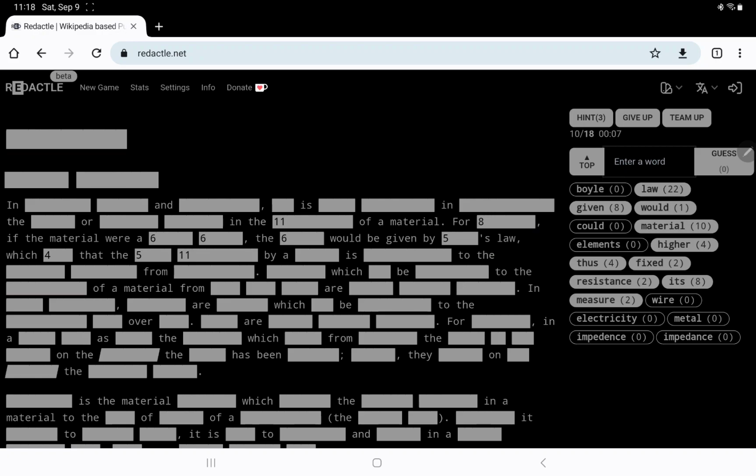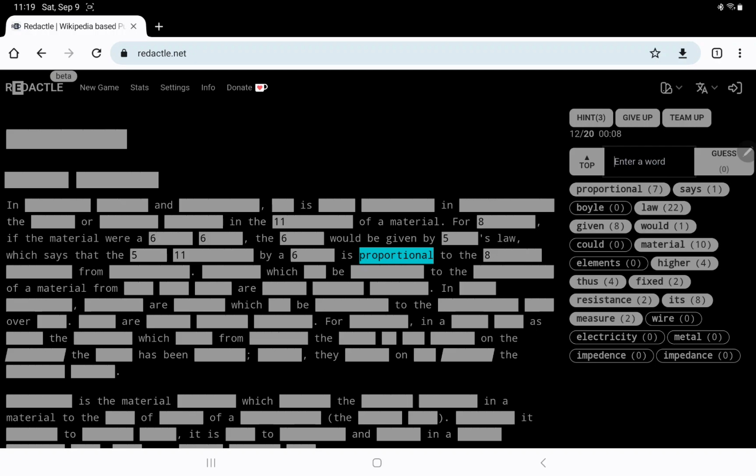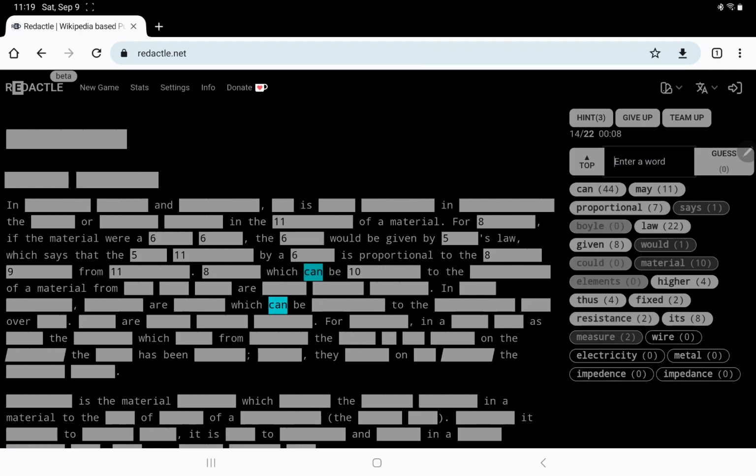No. Which says that the 511 by a 6 is proportional. Yes, is proportional to the 8, 9 from 11. 8, which can be 10 to the 11 of material.